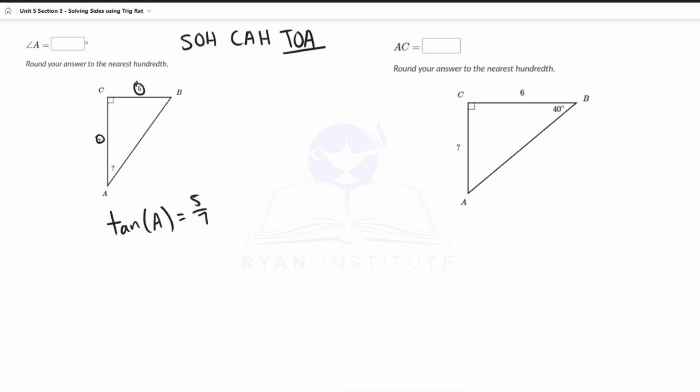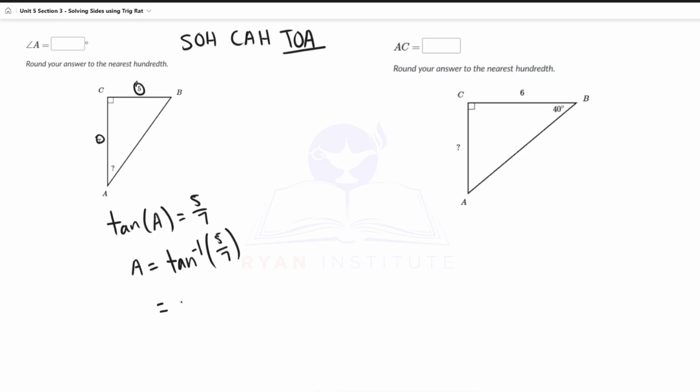All right, now we're not done yet because in order to find an angle of a triangle, we need to take the inverse operation of whatever ratio that we used. So angle A is going to equal the inverse tangent of 5/7.